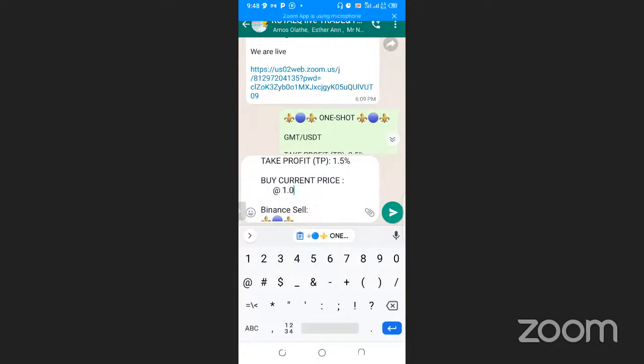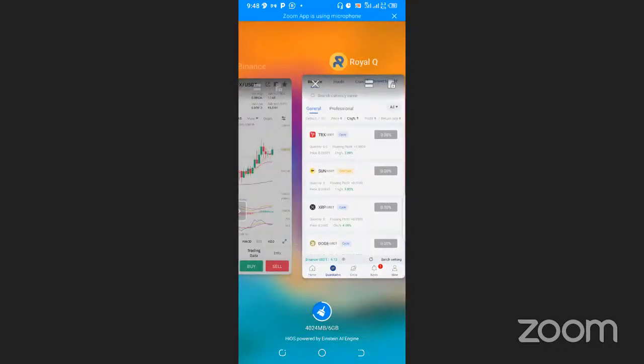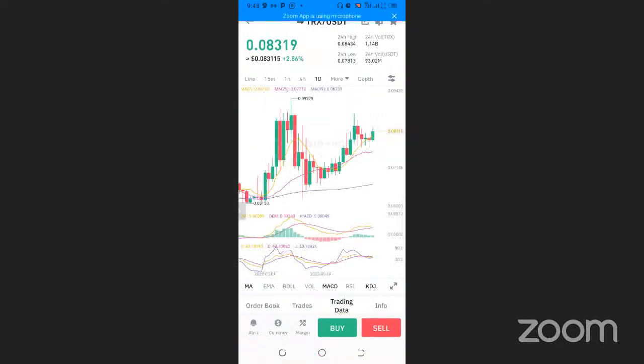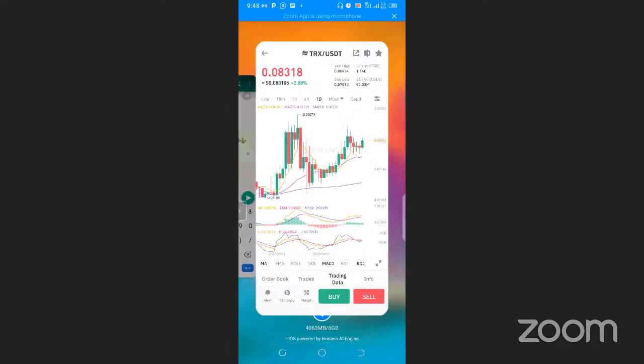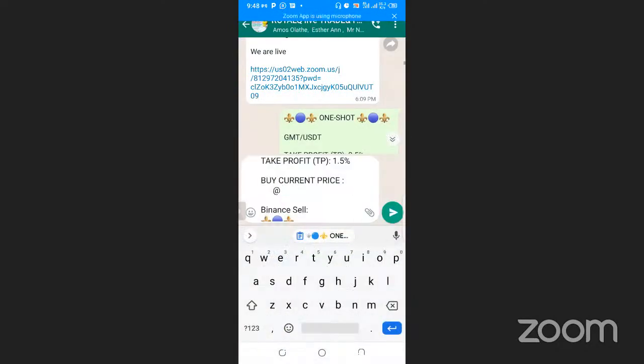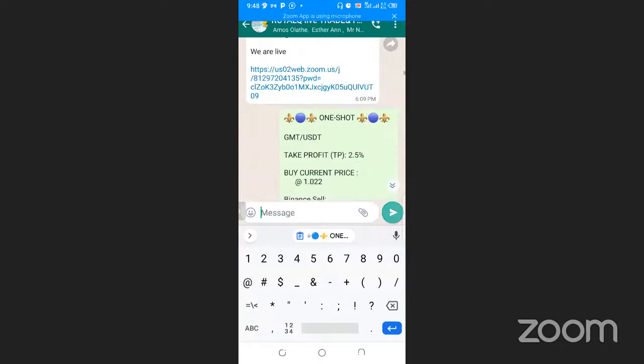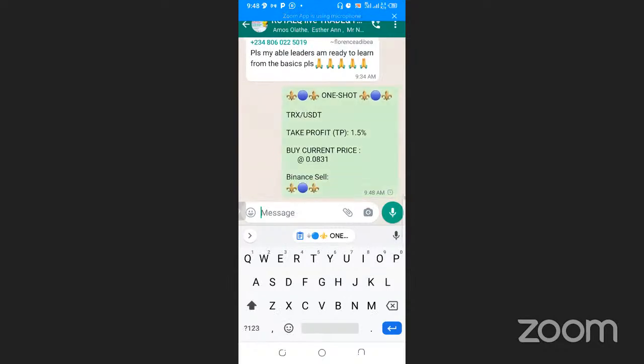And what is the current price? 0.083. 0.0831. That's the 4th coin for this morning.